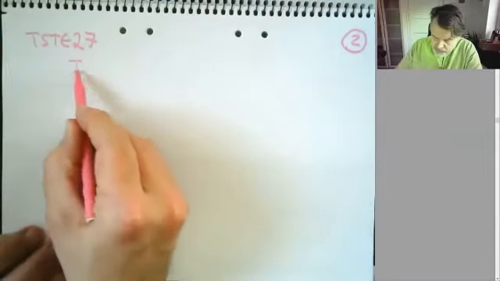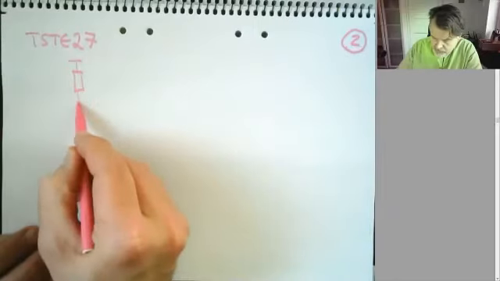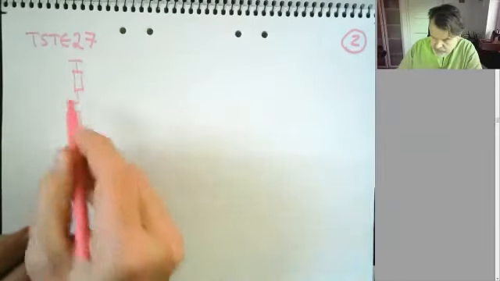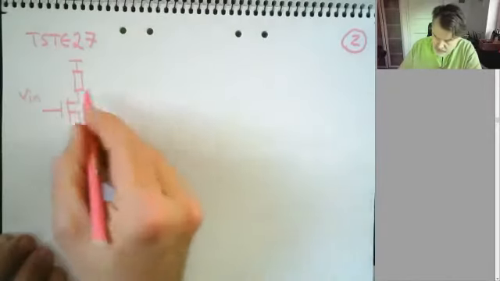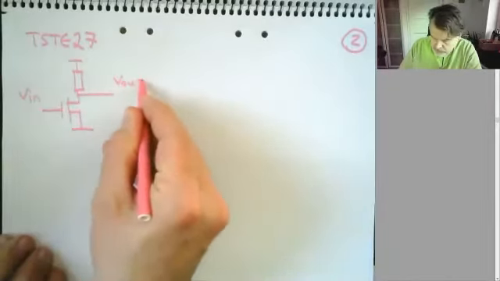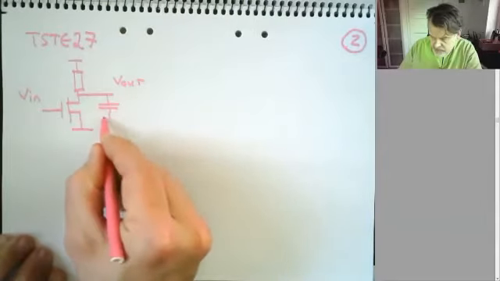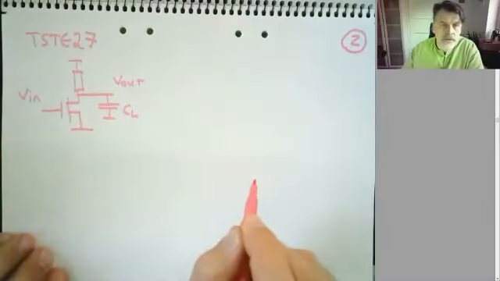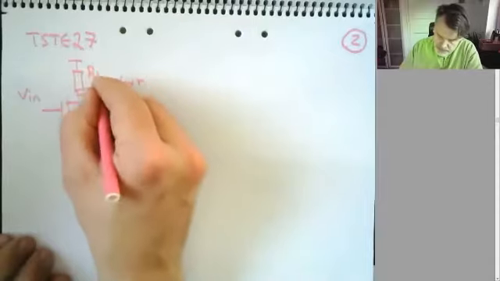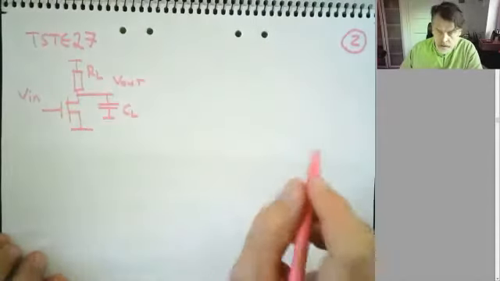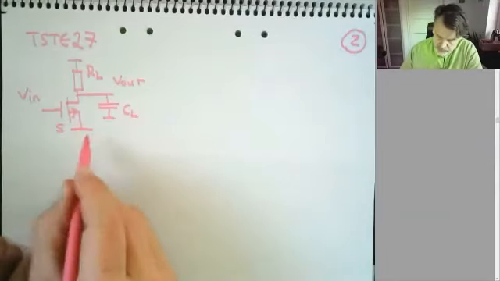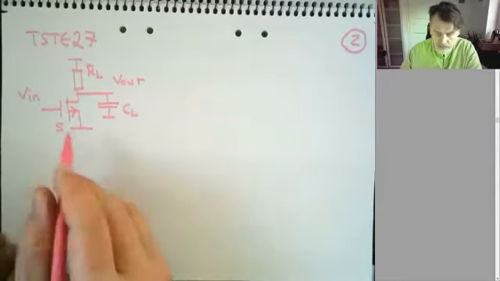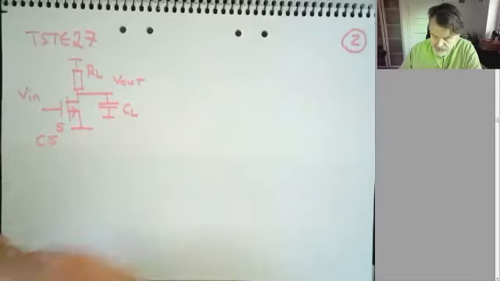Previously we talked about the resistive load transistor gain stage like this, V in and V out. And then we added a capacitive load, CL, to that output, and we had a resistive load, RL. And that's an NMOS. And then it has its source connected to the common ground here. So it's a common source amplifier.